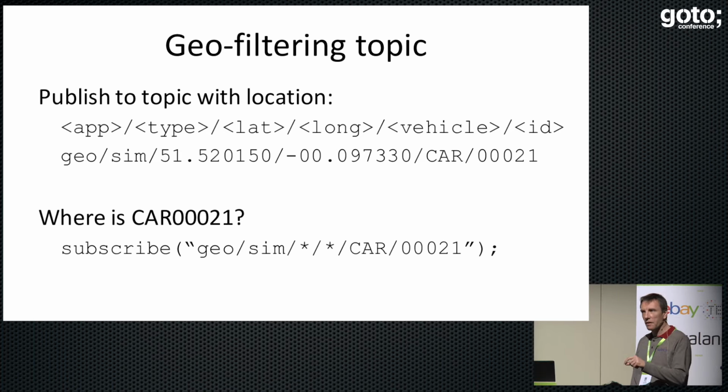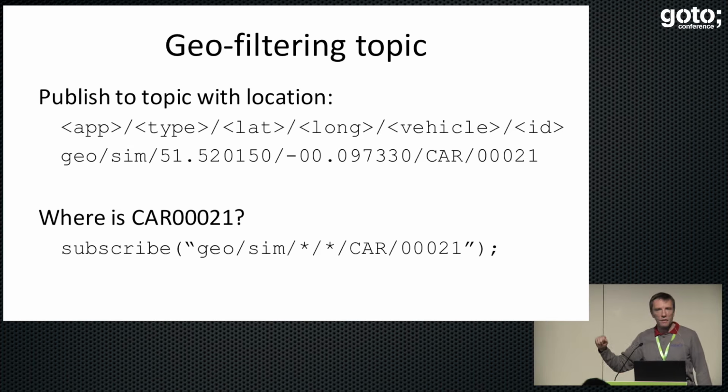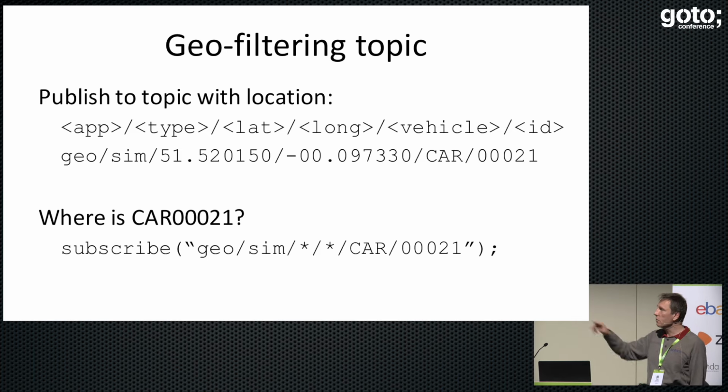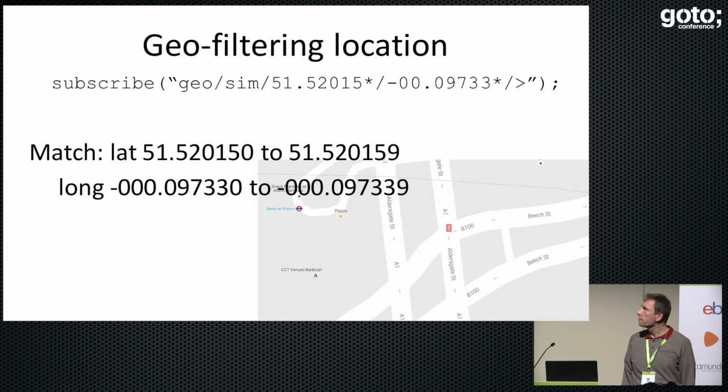The key point here is that every single update from every single vehicle is in a completely new topic, and that makes use of our topic dynamism. So we've got our vehicle location in there. As we said earlier, if we want to identify a particular vehicle, we can use our wildcards to do that. We simply say, I don't care where car 21 is, I just want to get him. But let's think about what we can do with our wildcards then.